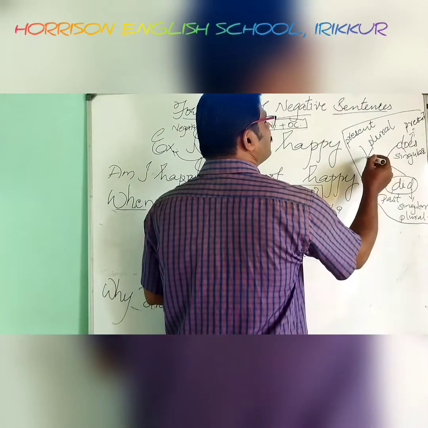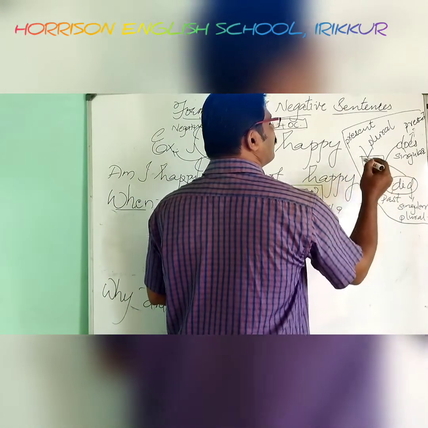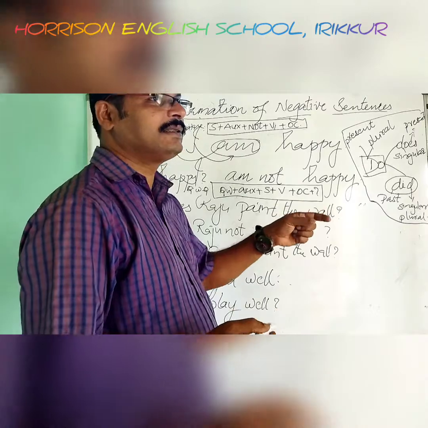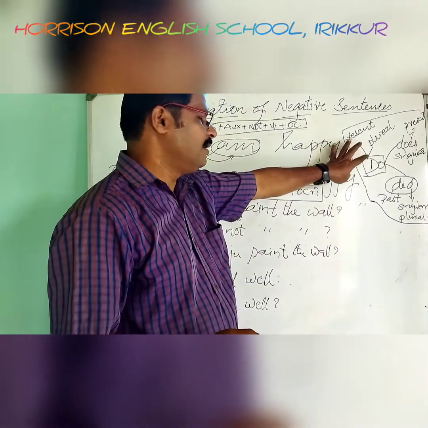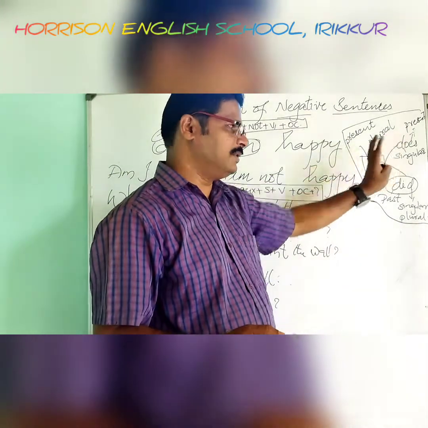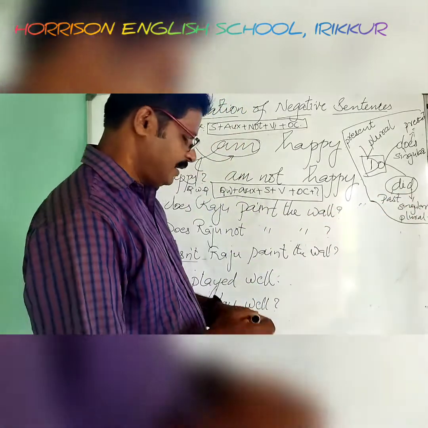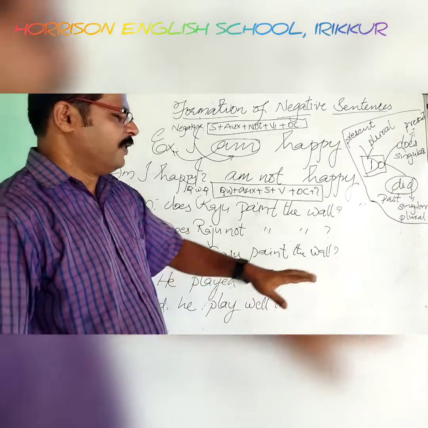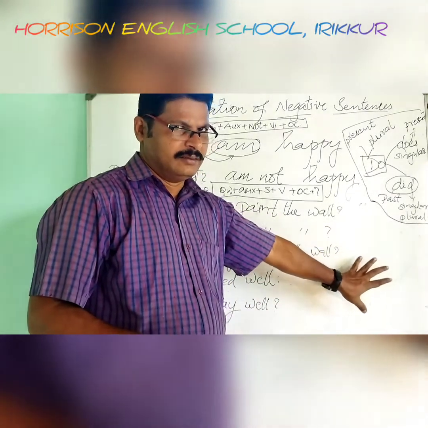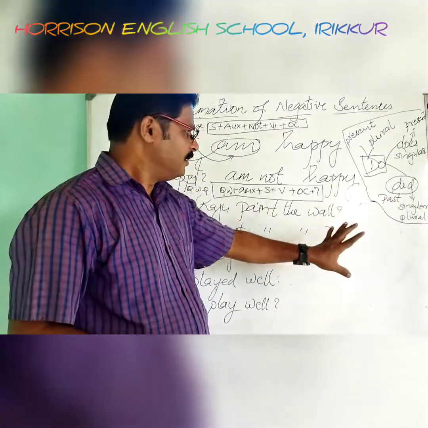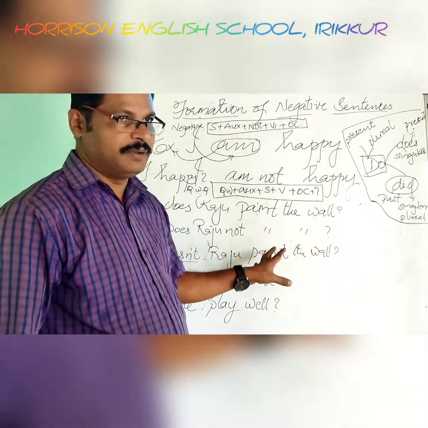So we call it the split infinitive, the do and its forms: do, does, did. Do is plural, present tense. Does is singular, present tense. Did is past, both singular and plural. So we have learned how to break the verb, how to get the auxiliary verb from the main verb.